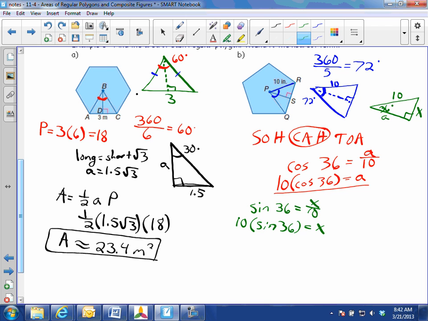How are we going to use that to figure out what our perimeter is? What is x? If I look back at this big picture over here, where is x? X is half of the triangle's side, and the triangle is on one side of the polygon. It's RS.